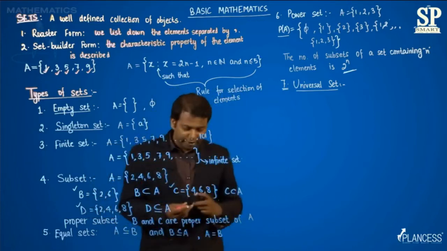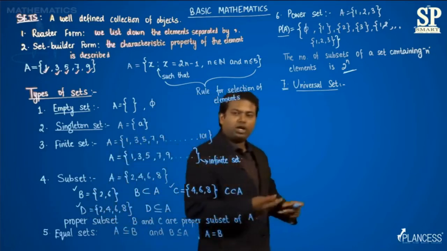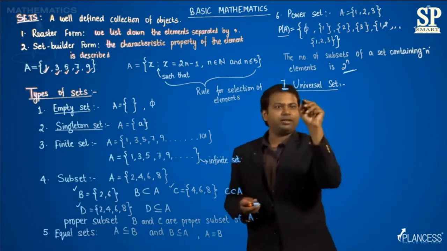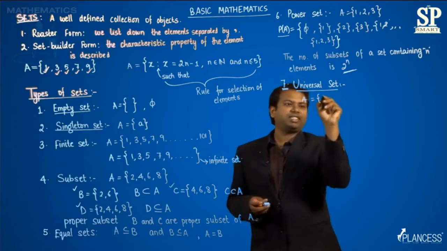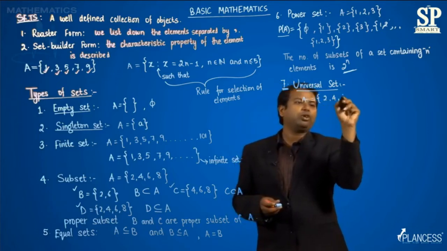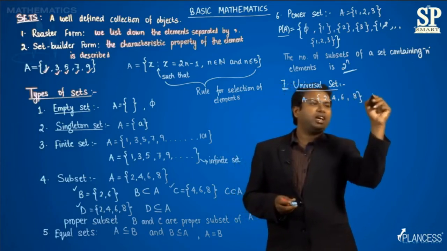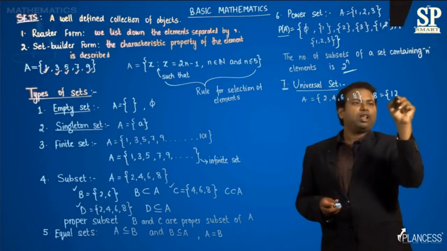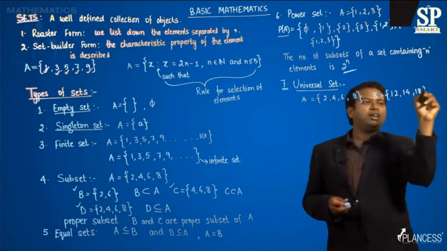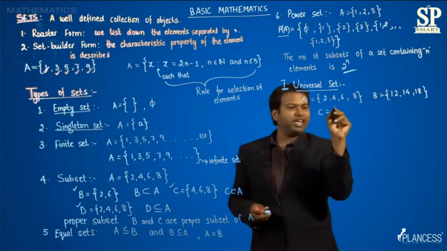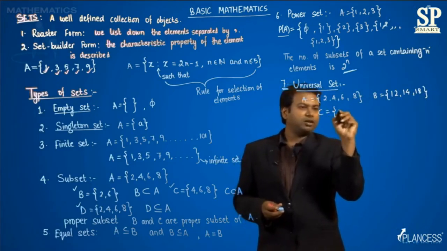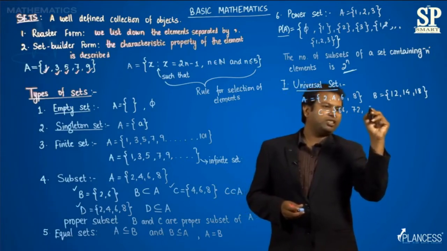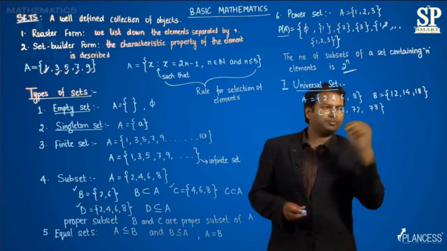Let us say we are dealing with even numbers up till 100, and there are some sets, let us say A, which has elements like 2, 4, 6 and 8. Then there are other sets, B, which contains elements like 12, 14 and 18, and some other set, let us say set C, which is 66, 72 and 78, let us say.